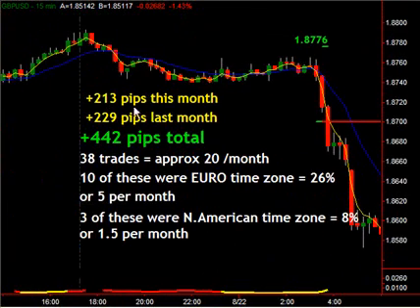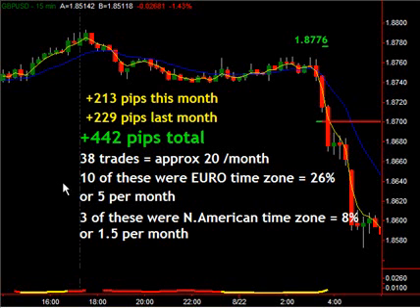What we had was 213 pips this month, 229 pips last month, for a total of 442 pips. This is pretty standard in any of the 4 currency pairs, that you see approximately 200 pips a month. That broke down to approximately 40 trades, or 20 a month. And just for interest's sake, I noted how many of those occurred during the Euro time zone.